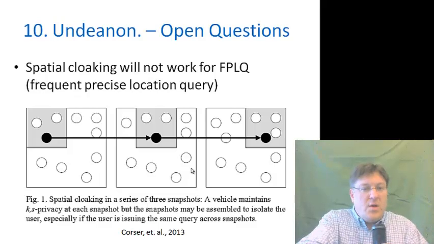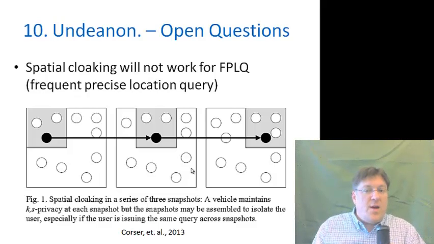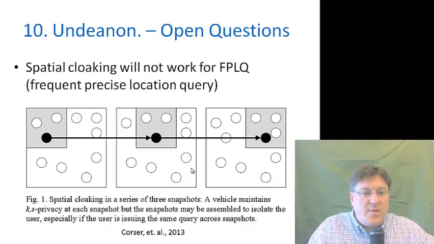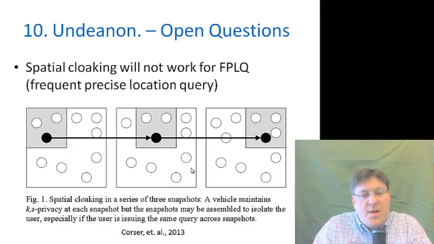Spatial cloaking does not work if you have frequent precise locations, even at the application level. For example, if you have this car here, you can see that the two dots in the upper left are in one spatial cloak region, and then for the second one, only one of them is in there, and then for the third one, none of the first two are in there.